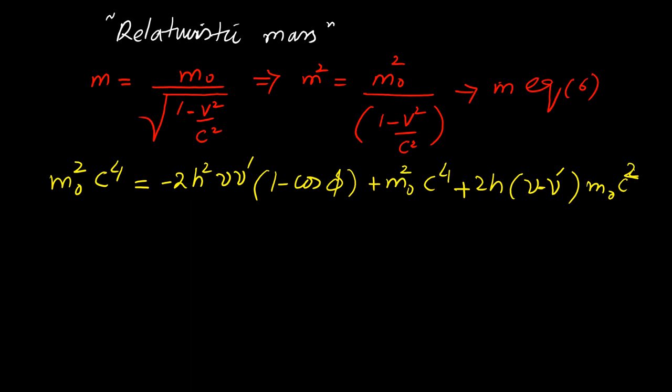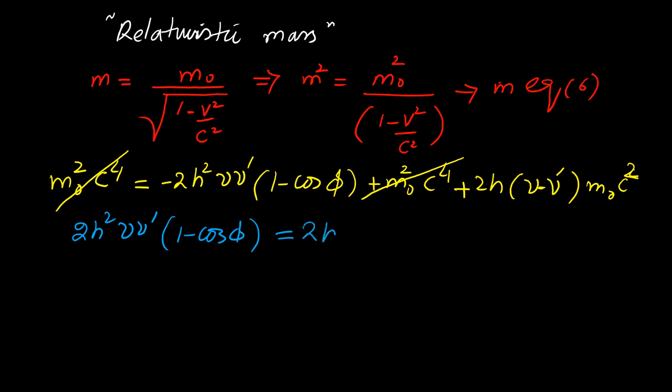So the m naught square C4 will cancel m naught square C4, which means that this equation will then become 2h square nu prime into 1 minus cos of phi is equal to 2h nu minus nu prime m naught c square.